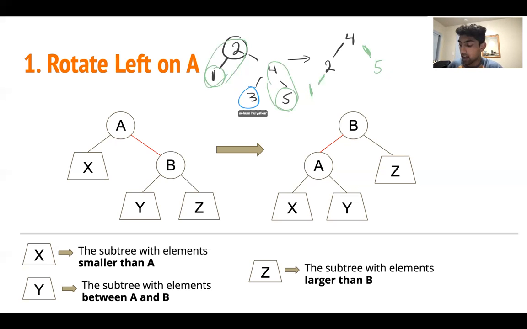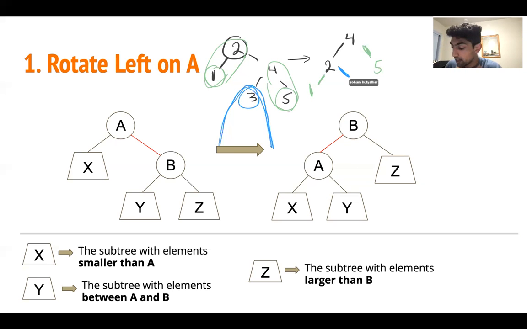So notice that all of the elements that fall in this subtree are in between 2 and 4, okay? So what we want to do is put this subtree in the same place, right? We want to put that subtree still between 2 and 4.